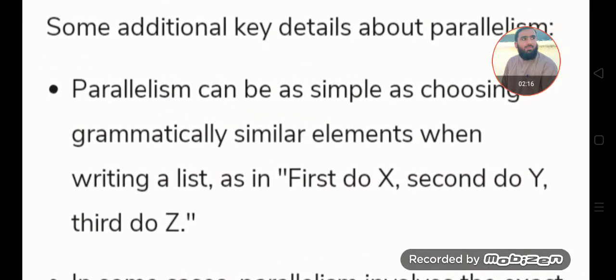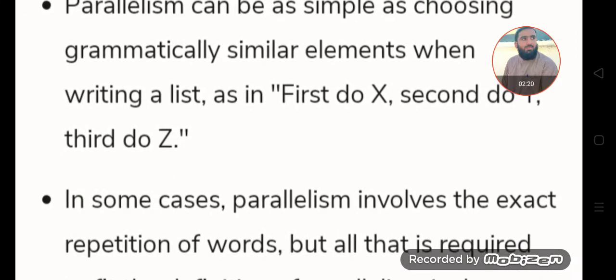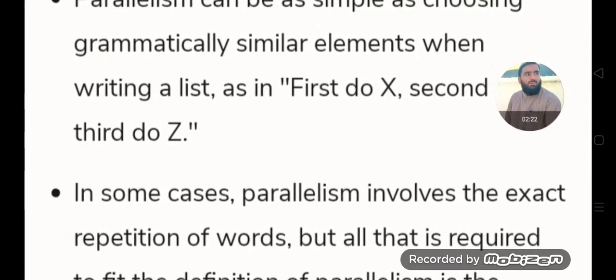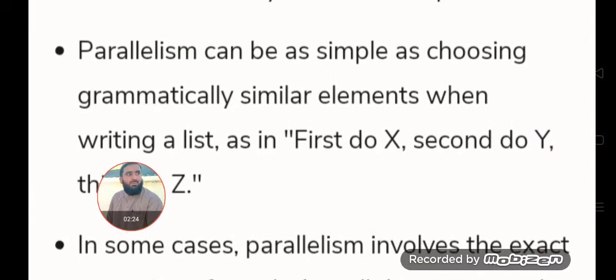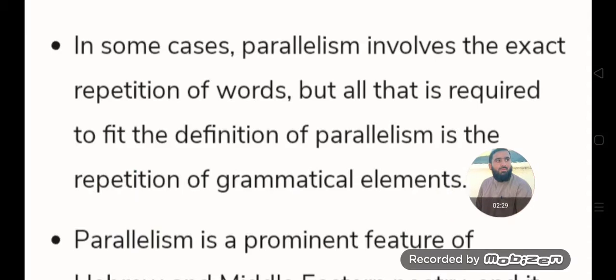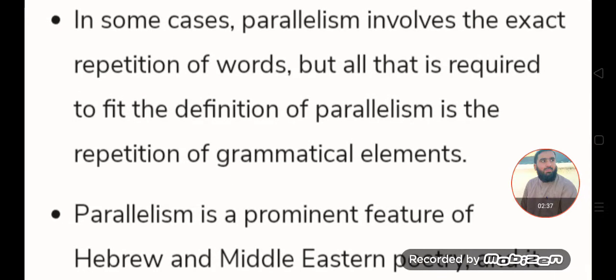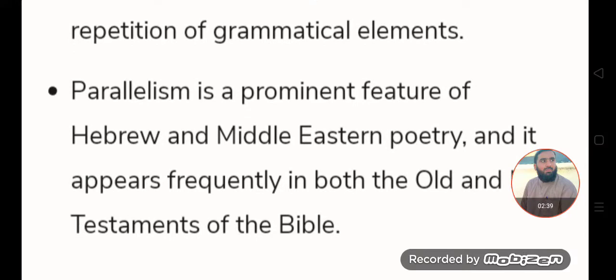Dear students, parallelism can be as simple as choosing grammatically similar elements when writing a list. Parallel structure will be used in parallelism. In some cases, parallelism involves the exact repetition of words, but all that is required to fit the definition of parallelism is the repetition of grammatical elements.